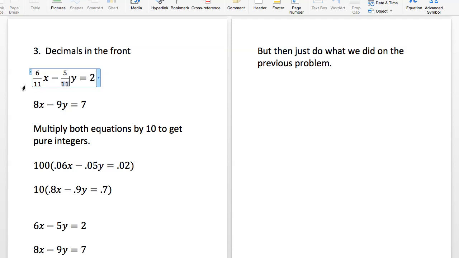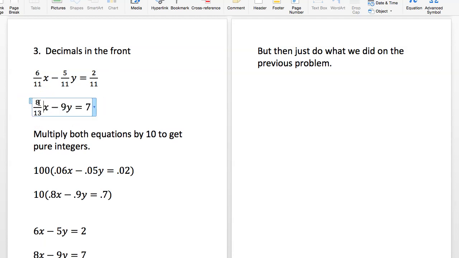Oops, I meant 11, sorry. And divide this by 11. And what if I divide everybody by 13 here? So I'm just being mean. I'm doing fractions. Fractions are dividing, right? That's all a fraction is.